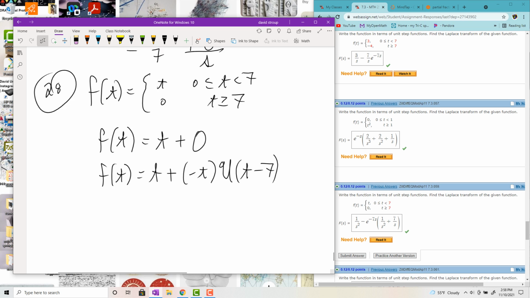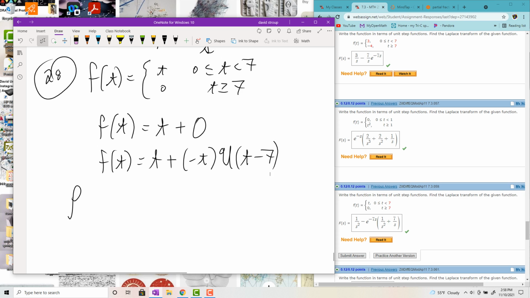Okay, then I need to do the Laplace of that. So the Laplace of t is no big deal. That's just 1 over s squared minus the Laplace of the rest of this stuff. So you'll have an e to the -7s, and then the Laplace of t, but you have to add 1 to it, right?